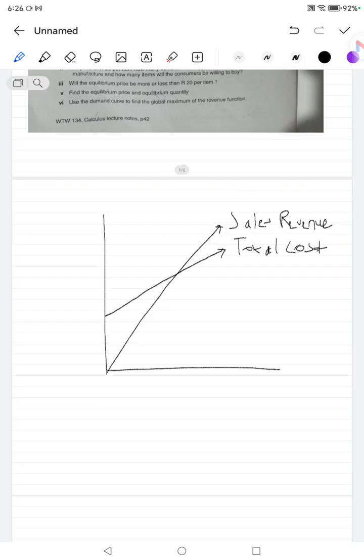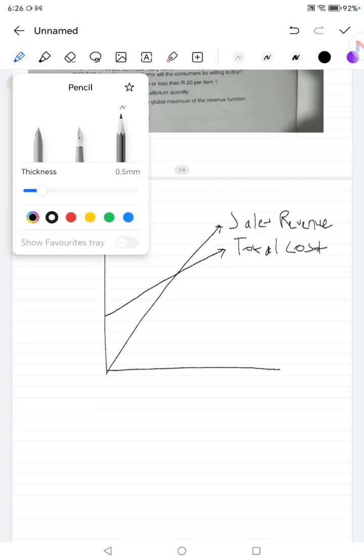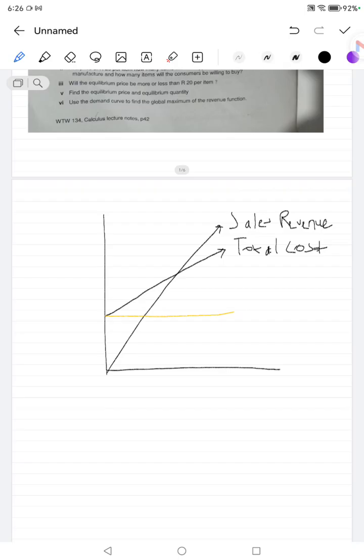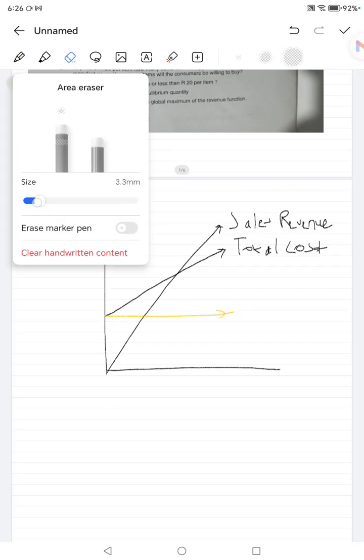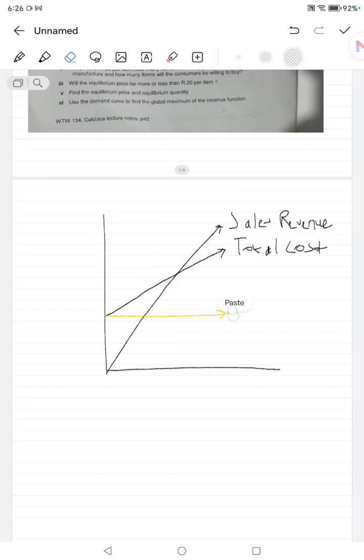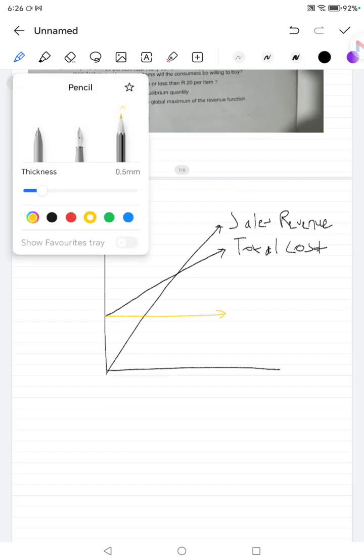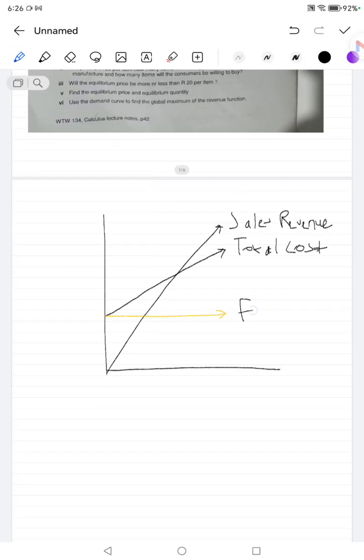Then okay, this side, I think it's your fixed cost. So fixed cost, I'm gonna indicate it this side. That okay, this side you have your fixed cost.